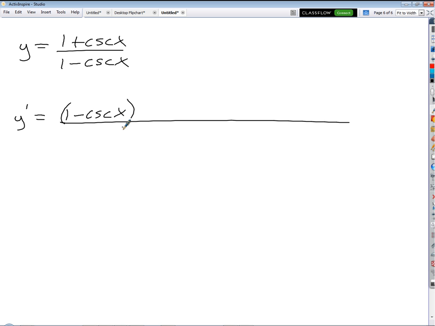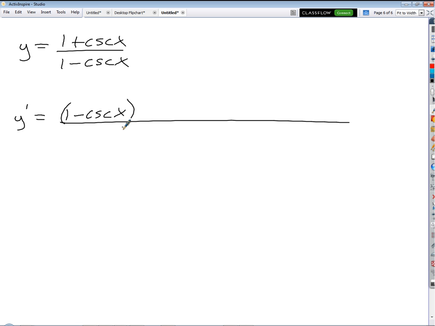Remember, it's the bottom times the derivative of the top minus top times the derivative of the bottom, right? Sydney had a little mnemonic device, which is low D high minus high D low.